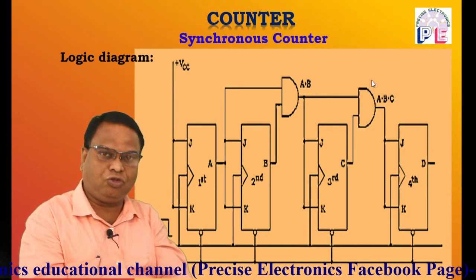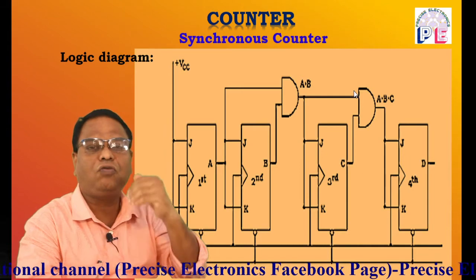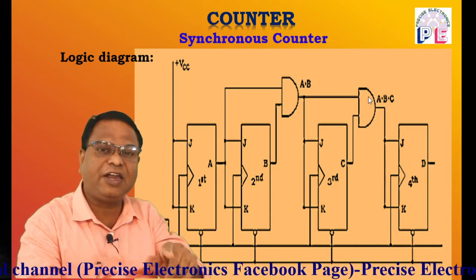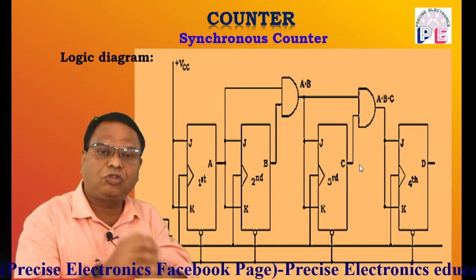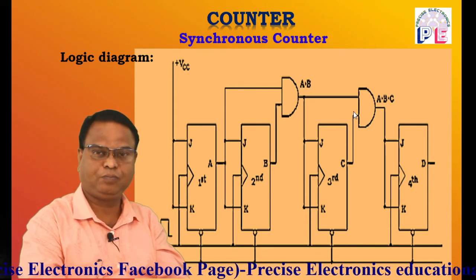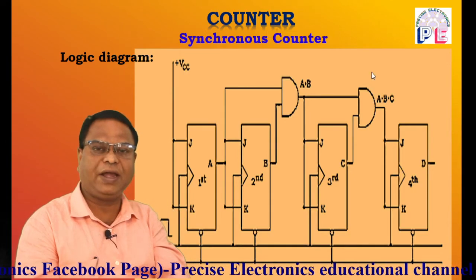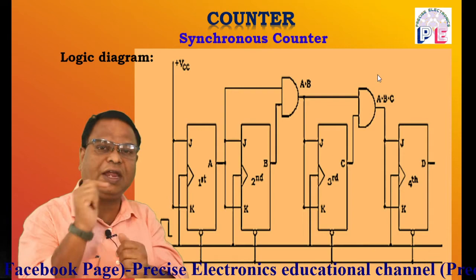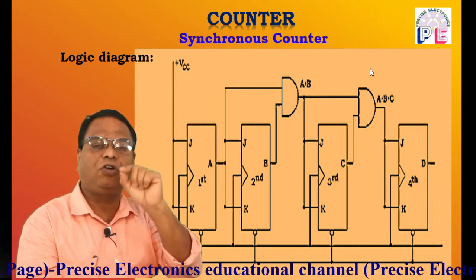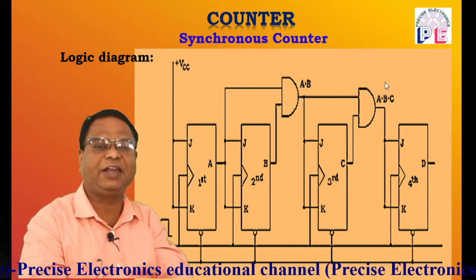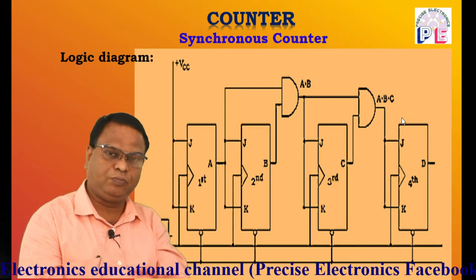Two AND gates are used in this case. The second input of the second AND gate is the output of the third flip-flop, that is C. So the inputs are now A dot B and C, whose output is A dot B dot C, and that output is connected to the J and K terminals of the fourth flip-flop.